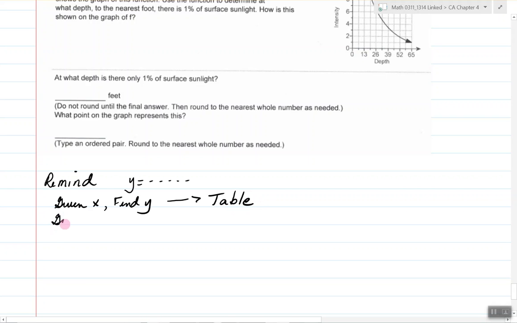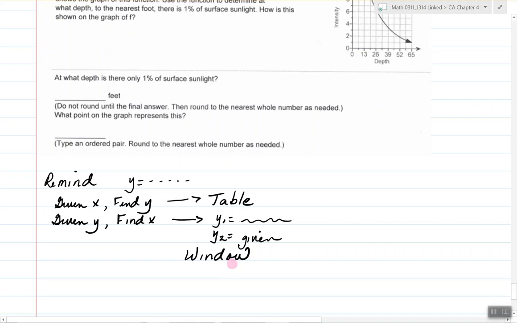But if you are given a y and asked to find the corresponding x, you have y1 and y2. You put that second y value that you're given down here. This is the given one. This is your formula or your function. And the hard part is sometimes adjusting a window, and then you do second calc intersect.